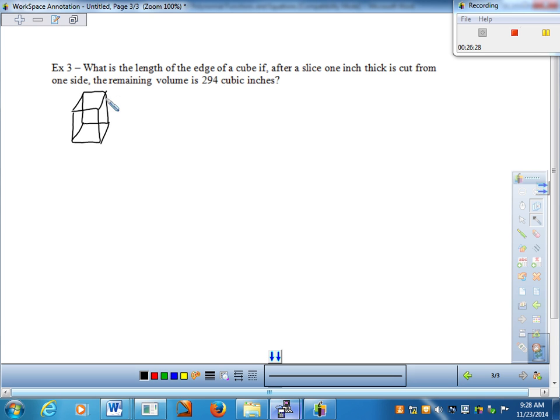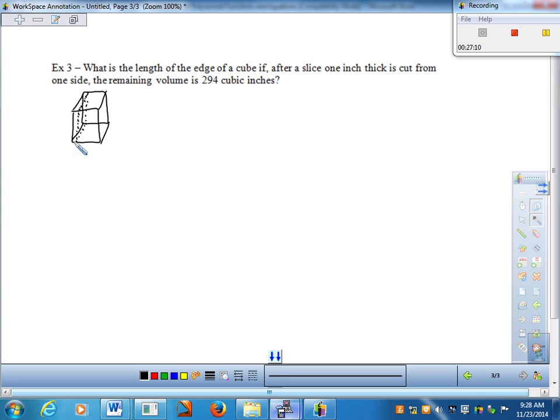And then here's kind of the scenario. If it doesn't sound right, that's okay, I'll try to interpret as best I can up here. It says, after a slice 1 inch thick is cut from one side. So we're going to take one side here, and I'm literally just going to take my slicer and cut into it. I'm going to draw this as best I can. For me, that's a challenge, but I'm going to go ahead and slice it right there. See if you can picture this three-dimensionally.